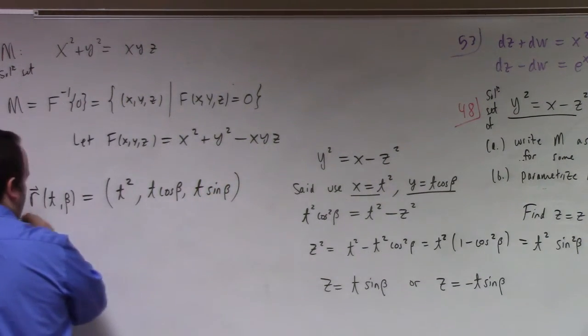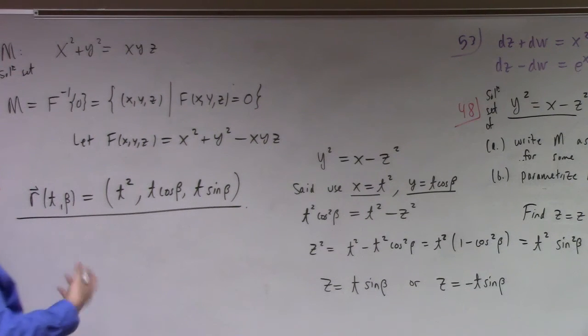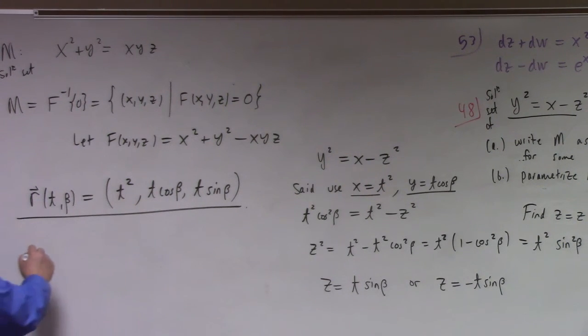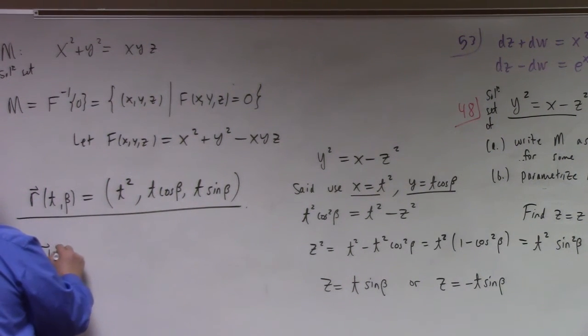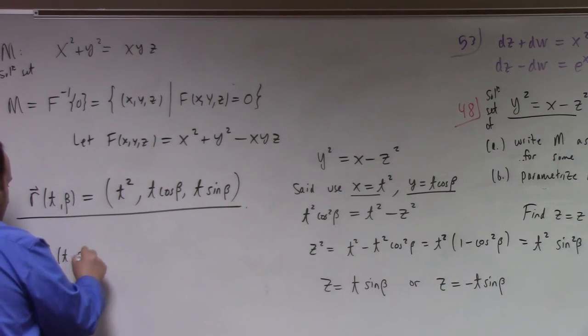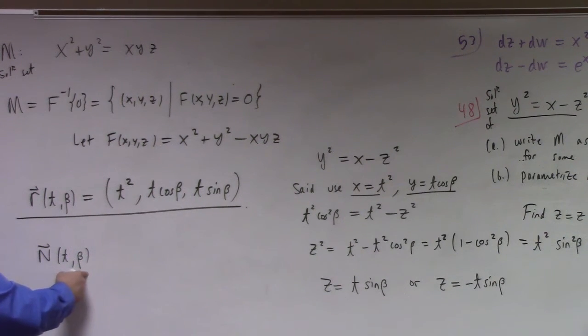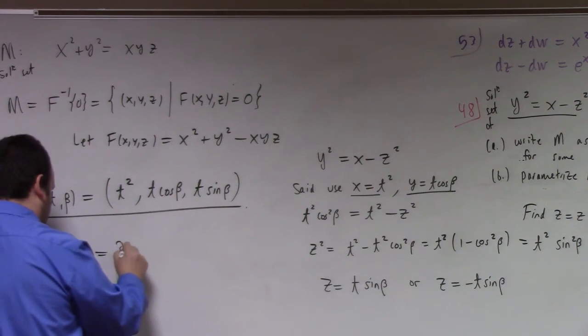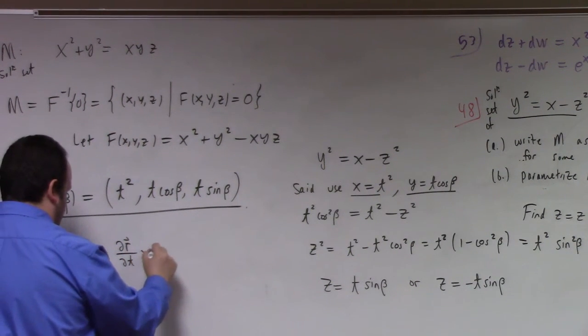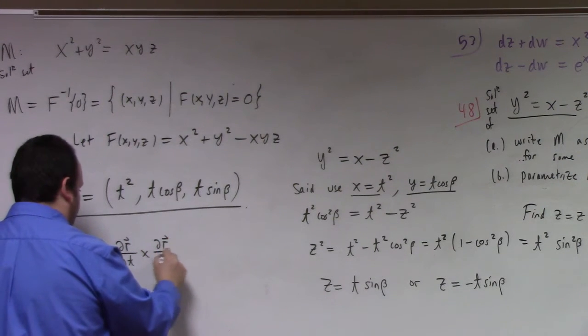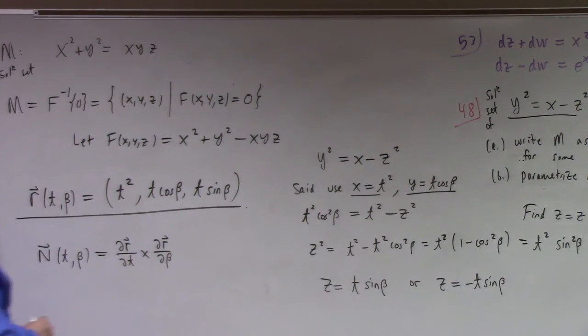There you go, that's a parameterization for M. Now, how do you calculate the normal vector field once you have the parameterization? Partial R partial T cross product partial R partial beta. If we're taking t and beta as the parameters in that order, then by definition the normal vector field induced from the parameterization is partial R partial t cross partial R partial beta. So you have some calculation to do there.